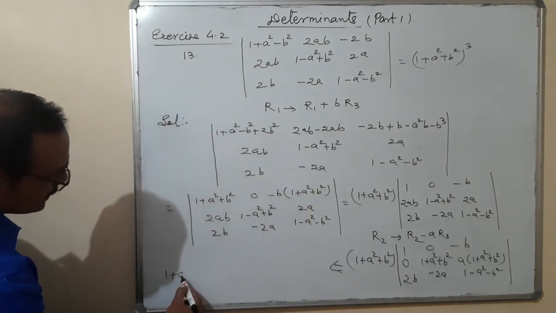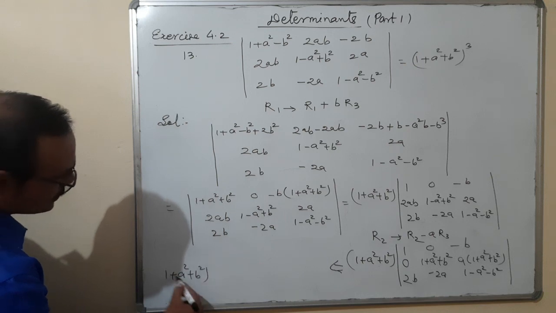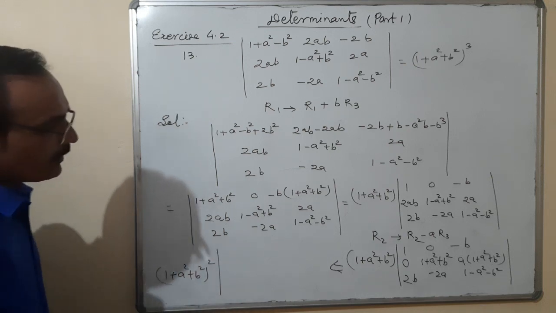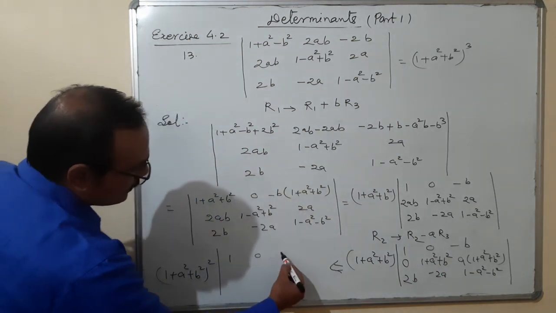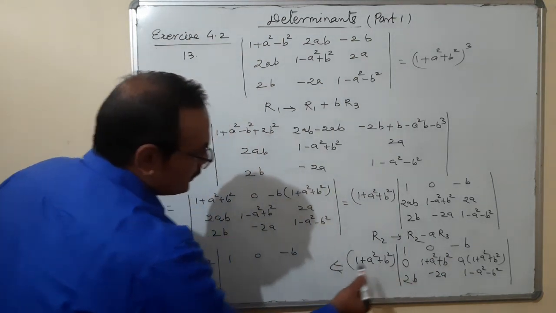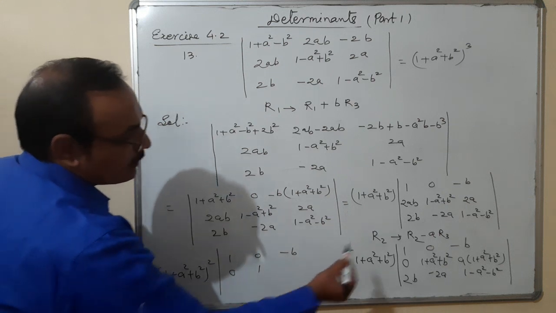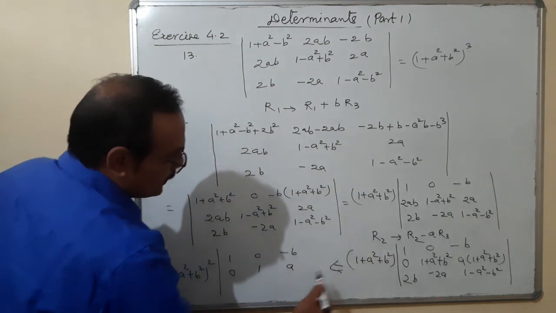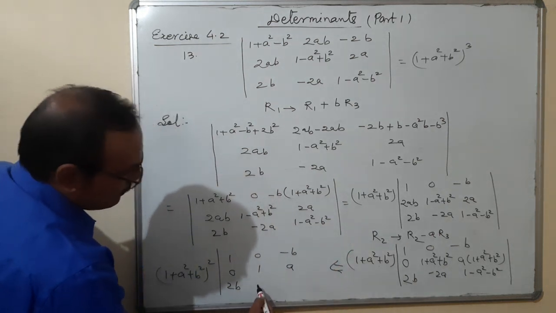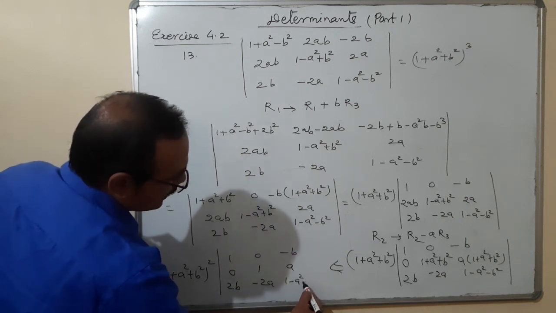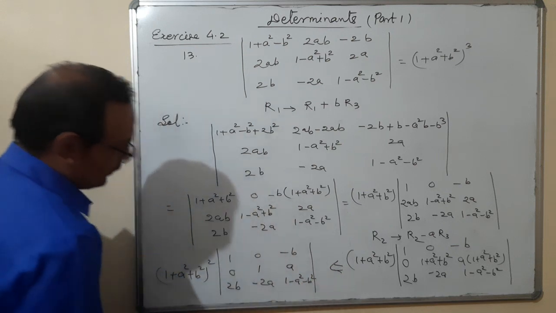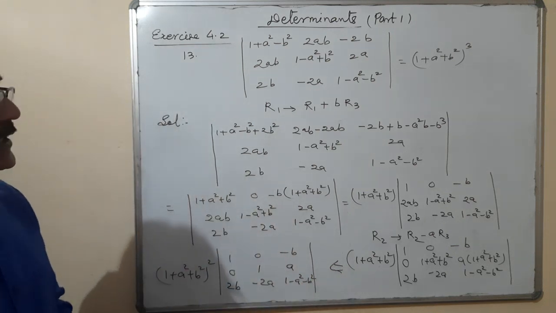So it is 1 plus a square plus b square whole square. The remaining term is 1, 0, minus b, then 0, 1, a, and 2b, minus 2a, 1 minus a square minus b square. Okay. We got this term.